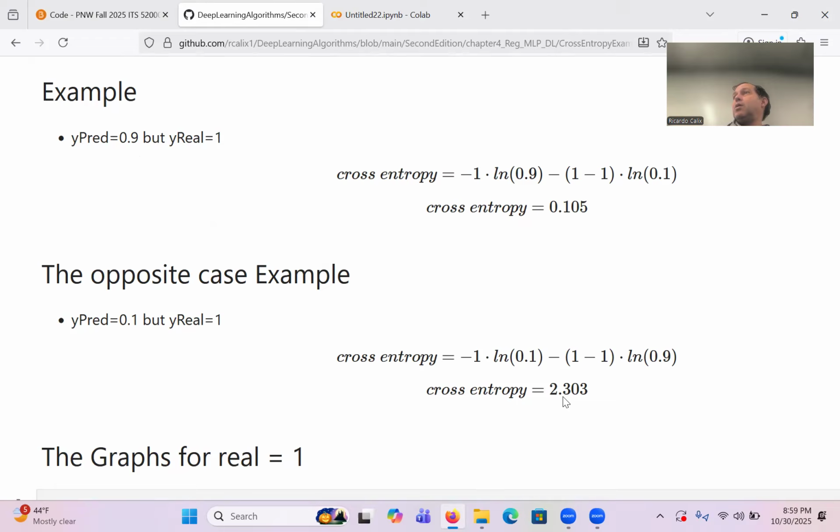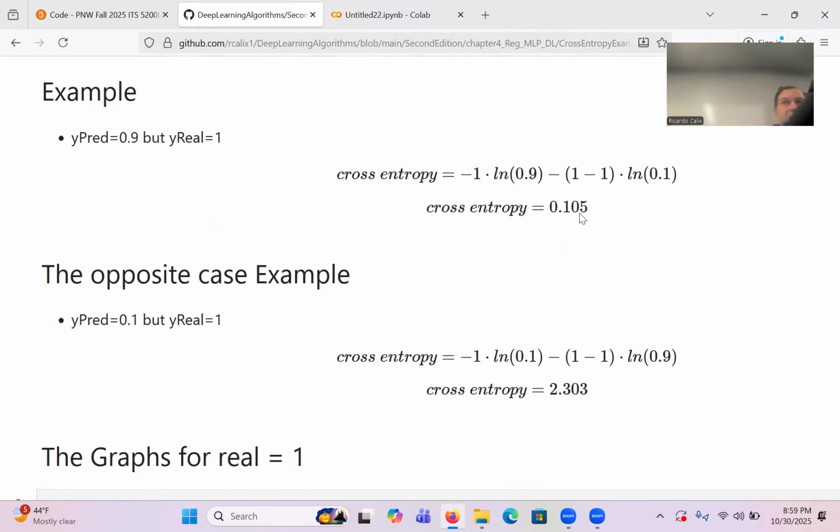To minimize that loss. So what did it do? It kept changing the weights, until eventually the predicted was 0.9 compared to the real, which is 1. And guess what? That is reflected in the cross entropy loss function. So you optimize, you minimize it. That's your goal.